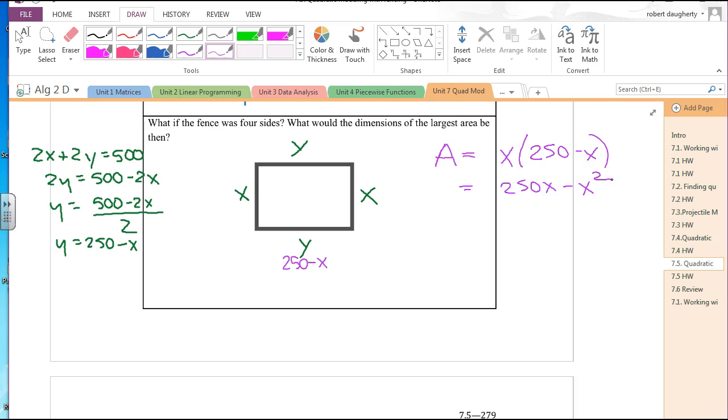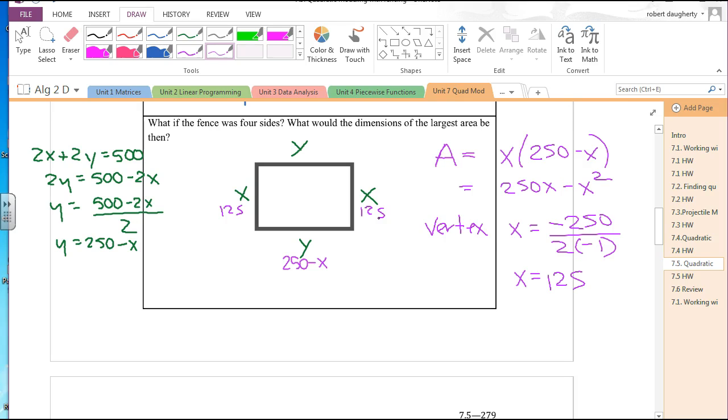Okay, so the vertex is negative b over 2 times a. And what is that number? It's 125. Okay. So that tells me that this side is 125, 125.